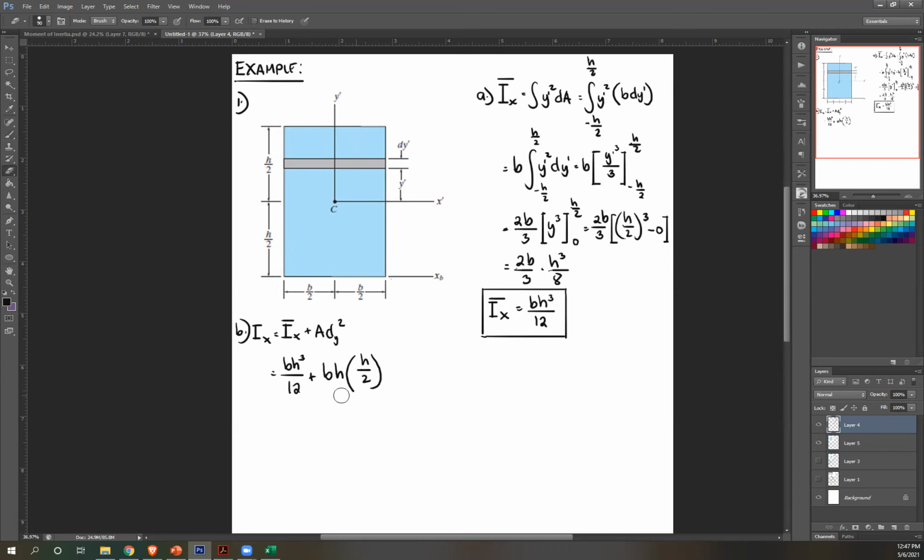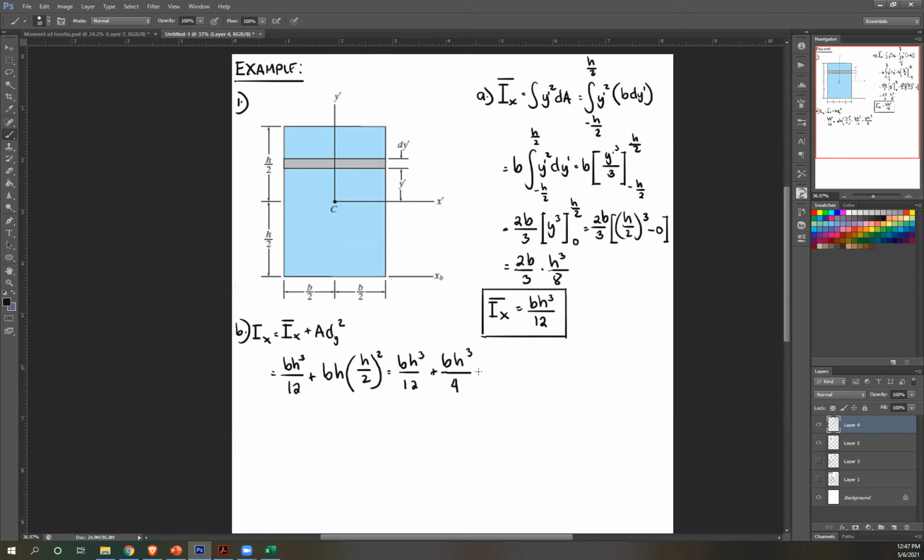Okay? And then this becomes bh cubed over 12 plus b h times h squared over 2 squared. That's also h cubed, and then 2 raised to 2 is 4.